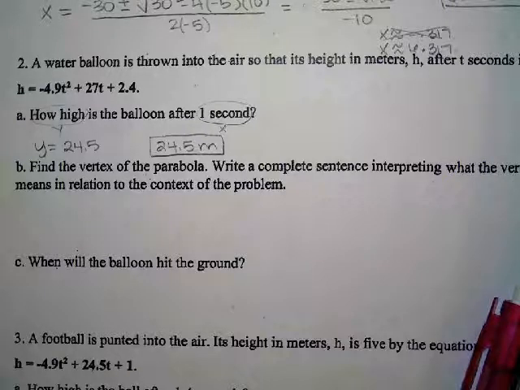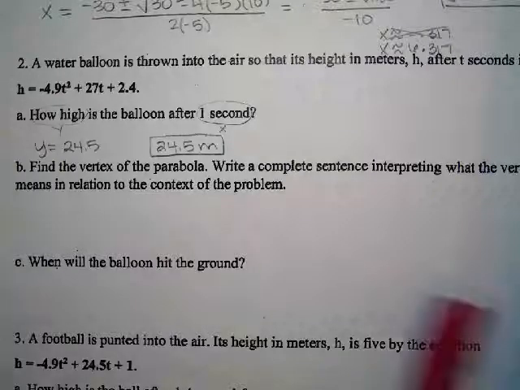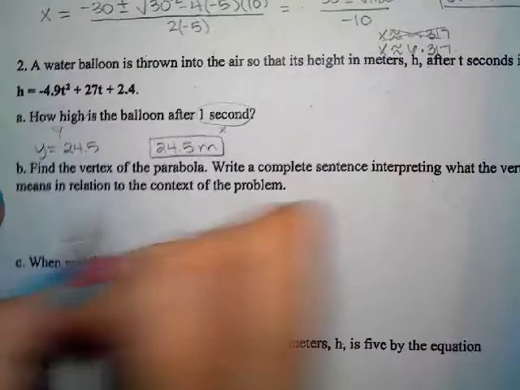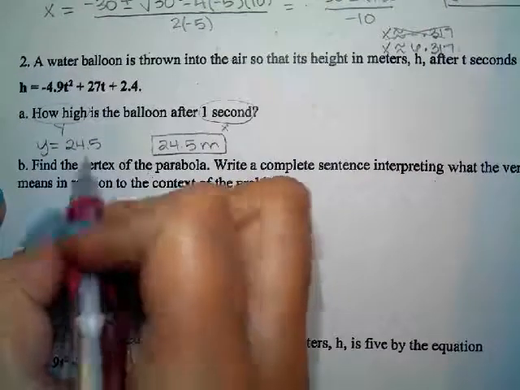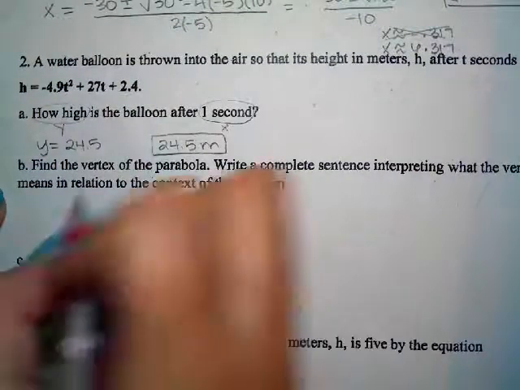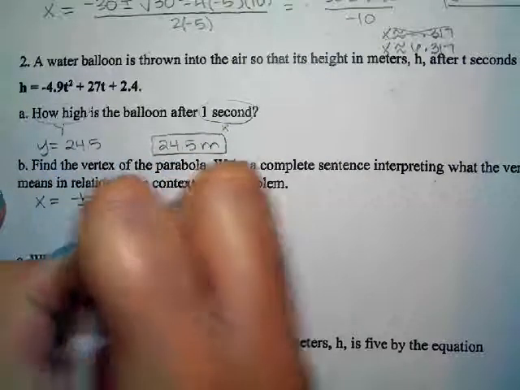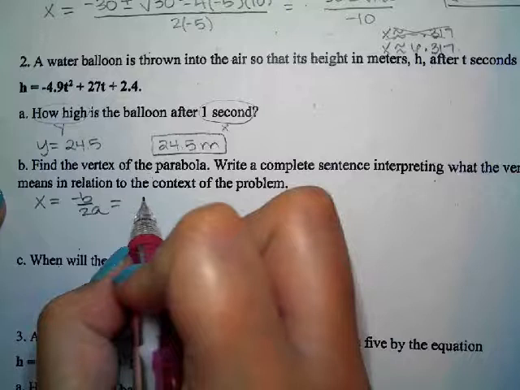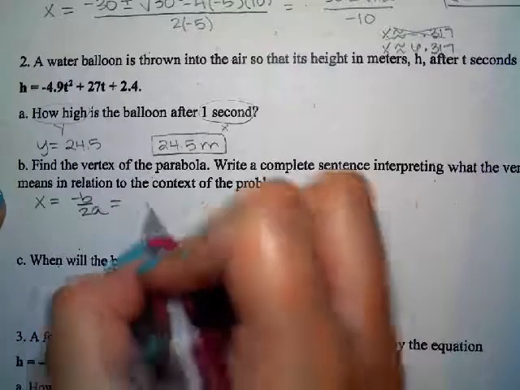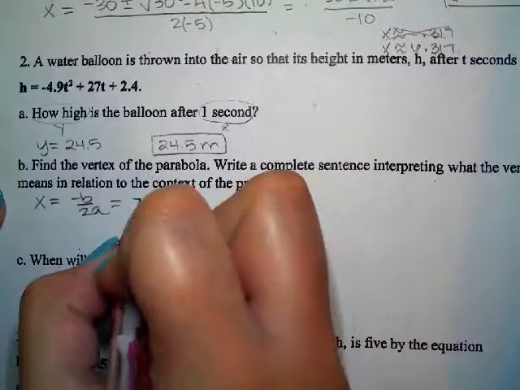All right, how do we find the vertex? Okay, x equals negative b over 2a, which is, what do I write? Negative. Okay, so this x value is not going to be very nice.